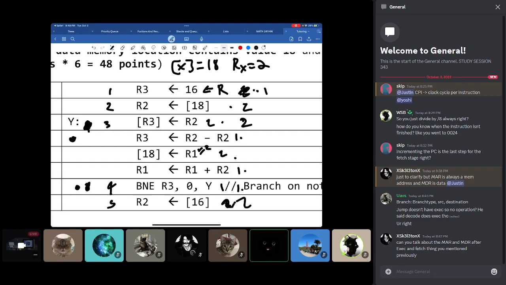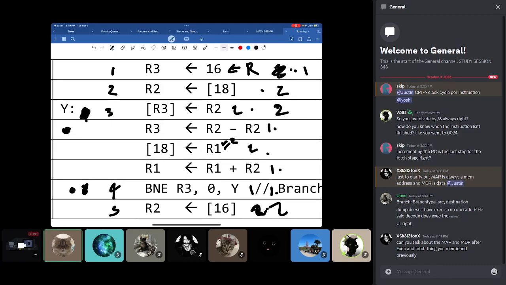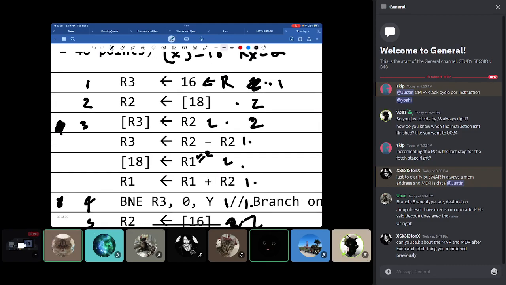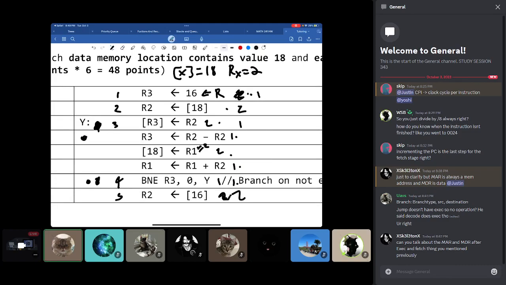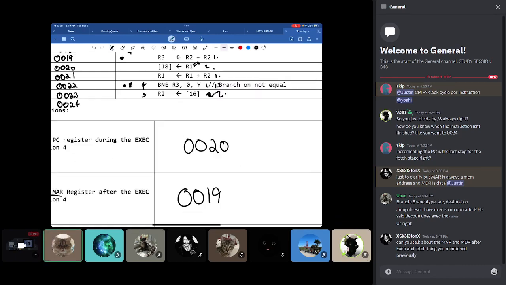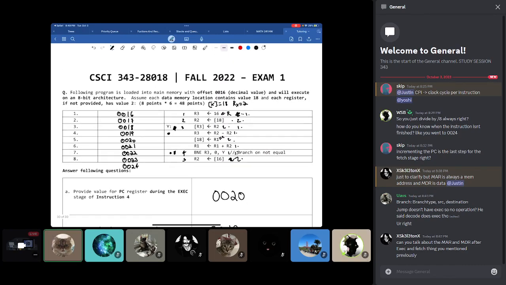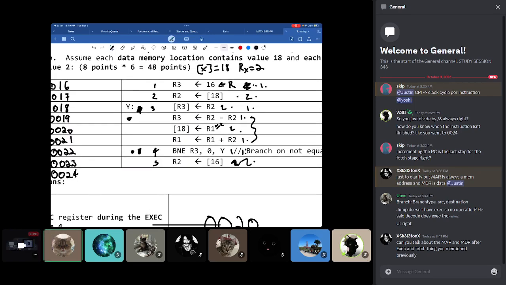Wait, no, it's a branch. Oh, the third instruction, if it's a branch, there's no memory. I forgot that we're hypothetically putting that as a branch. Right? So that's going to be 1, 3, 4, 5, 7. Right? Because then you would skip these parts here.